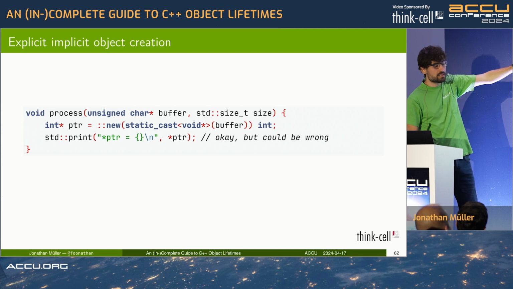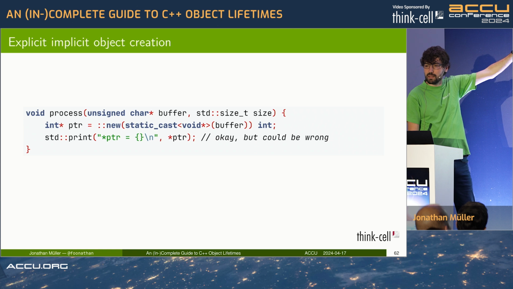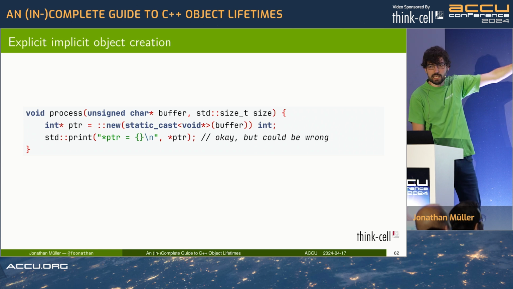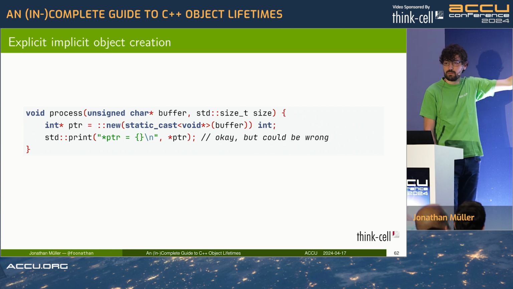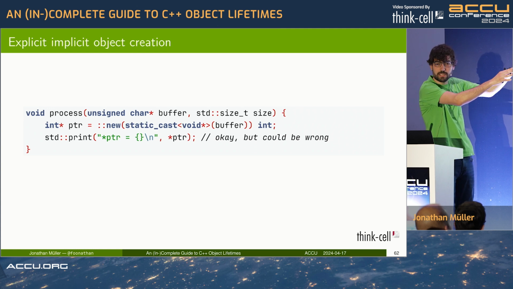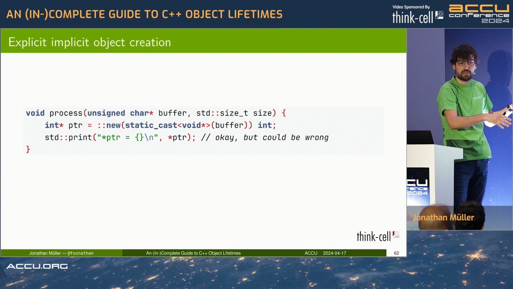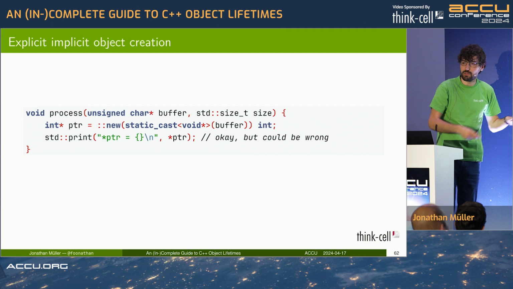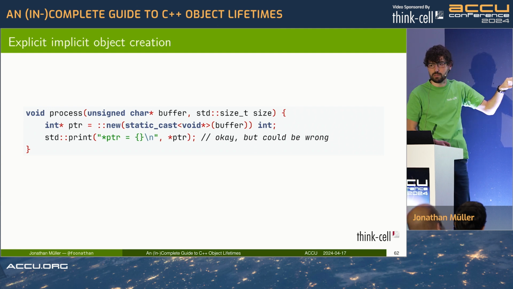Yes, this function assumes that there's an int in there, but it's also fine because we're explicitly creating a new int. This just gets some memory, assumes it's big enough and creates an int in there. It doesn't read the existing bytes interpreted as an int, which is what we actually wanted to do here.